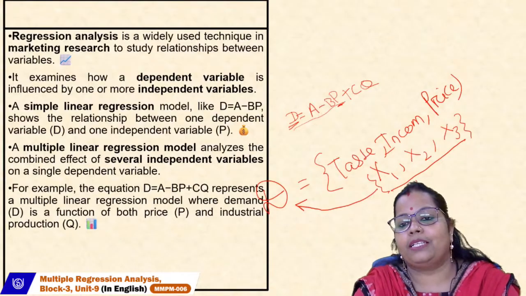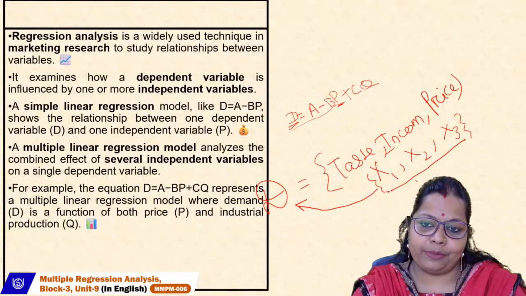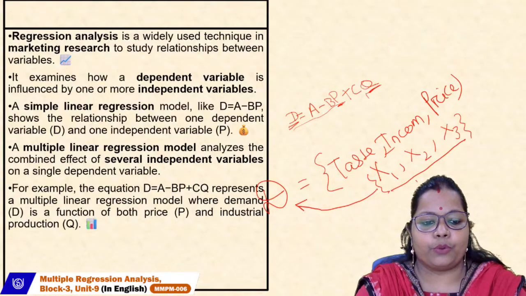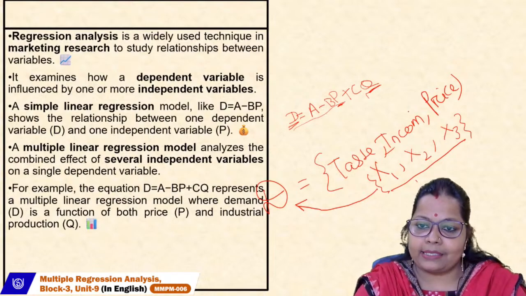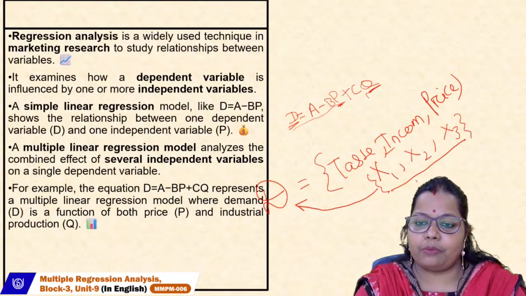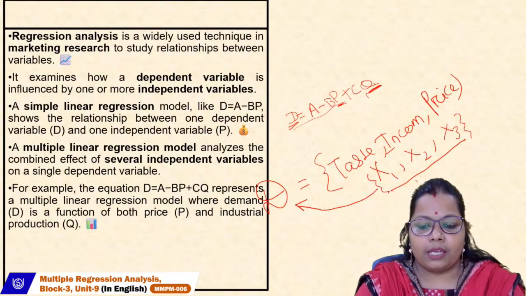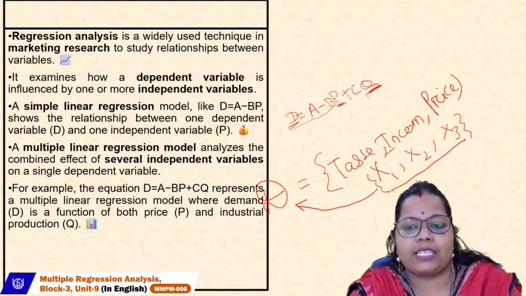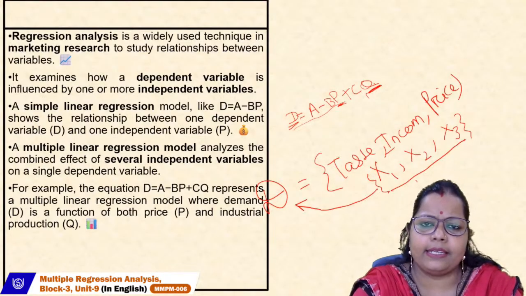Now it represents a multiple linear regression, because P was the only independent variable previously, but now we have another independent variable, Q, let us take industry product. So the same equation becomes a multiple regression by adding another independent variable Q. It can be easily understood: if one independent variable is there, it is linear regression analysis.